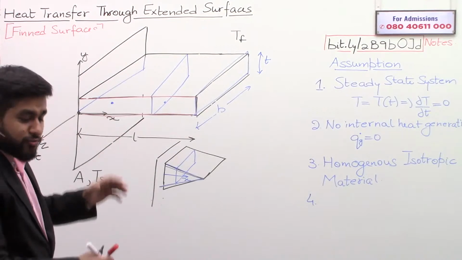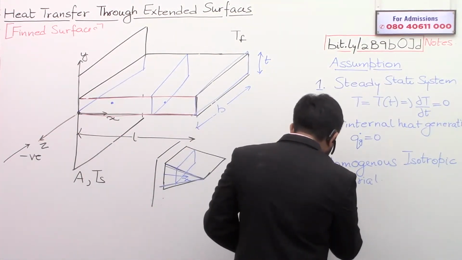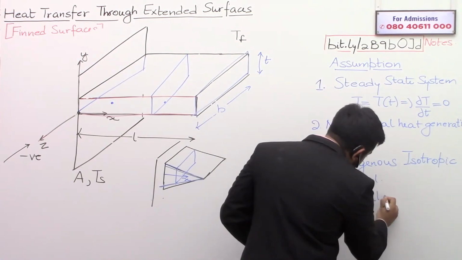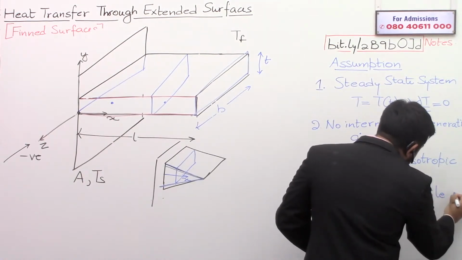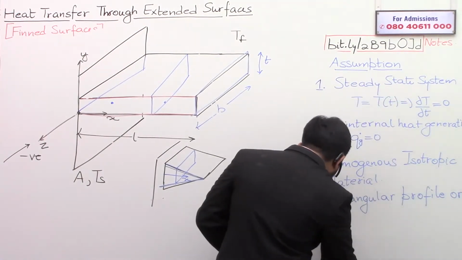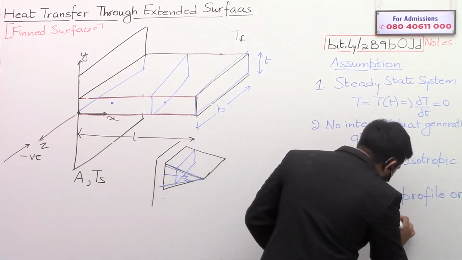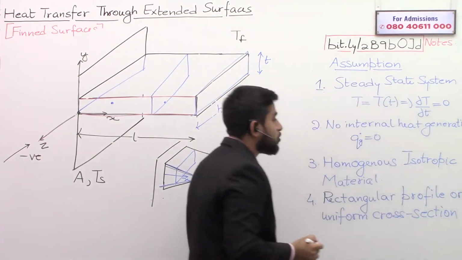So this is one more assumption: rectangular profile or uniform cross section. Both have the same meaning.